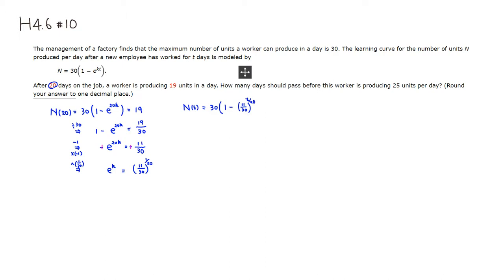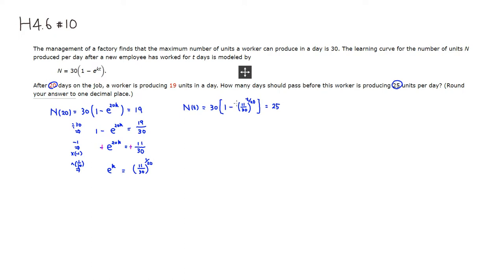Then I just need to change that to a bracket. So we have complete information of the function N of t. Then we want to find the value of t when this is equal to 25. So I'm going to set that equal to 25.